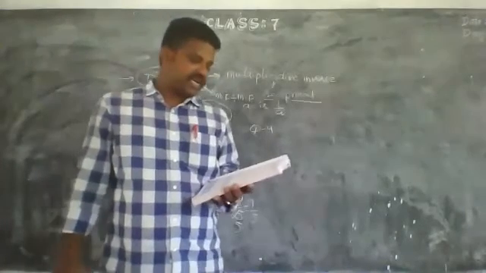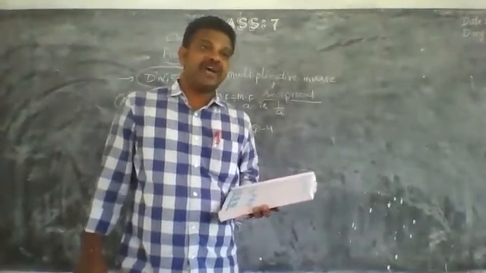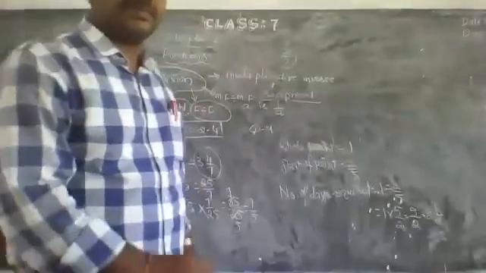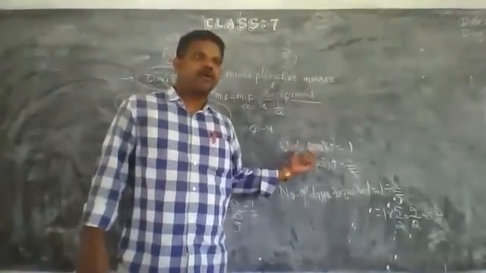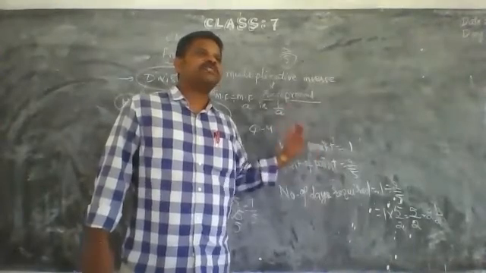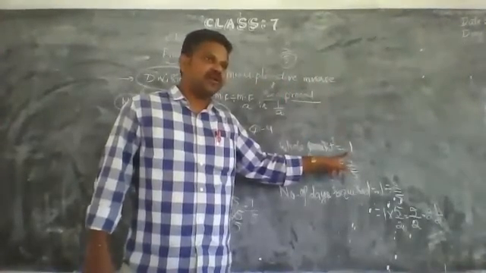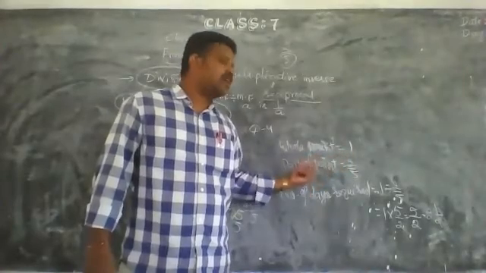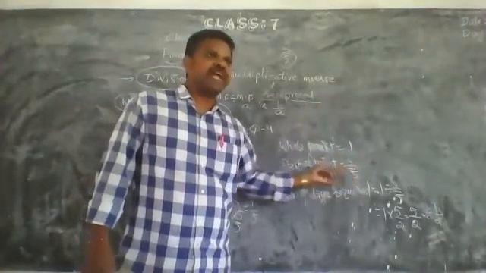How much work did he do? He can paint 2 by 5. The whole paint, how much does he have to paint? That is one whole. It is taken as one whole. And the part of paint he completed is 2 by 5.